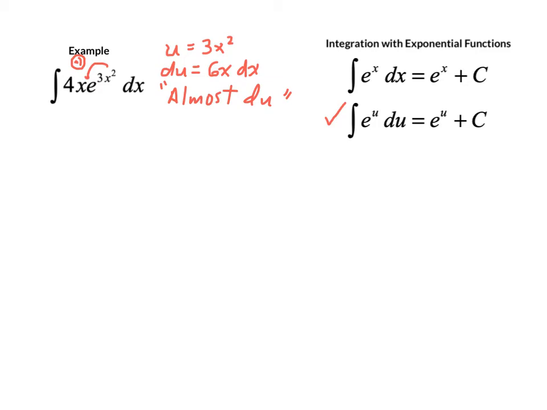Now one option here to get started might be, rather than trying to convert the factor of 4 into the 6 that we need, to just use the constant multiple rule and remove the 4 from the integral. Again, the only thing that can go in and out of an integral is a constant factor. But if we do that first, then we're looking at 4 times the integral of x e to the 3x squared.